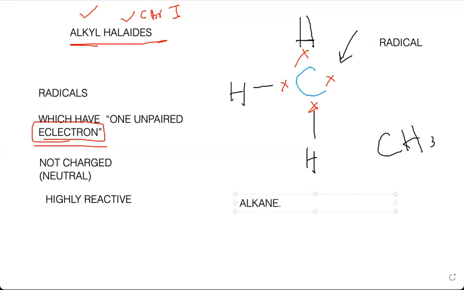And what is the name of this alkane? Methane. Now this is not alkane because it is not following the general formula of the alkane. According to the alkane, it should have 4 hydrogens. Then what is this? It is the free radical of alkane. This is not alkane. This is alkyl now.